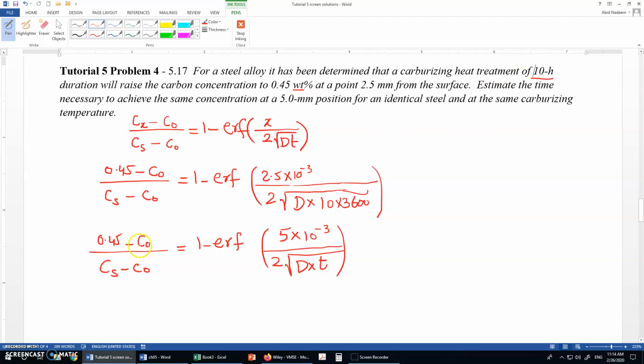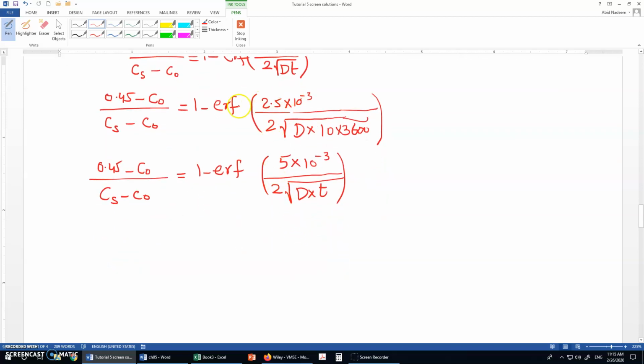So now, comparing these two equations, you can see that the left hand side of this equation is the same as here, so the argument inside of this error function should also be the same. So if we equate them, simply we can equate these two arguments of ERF.